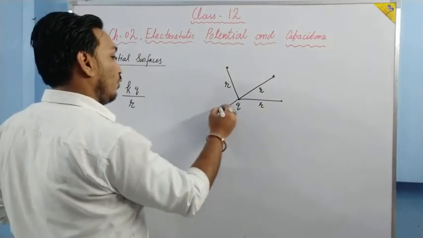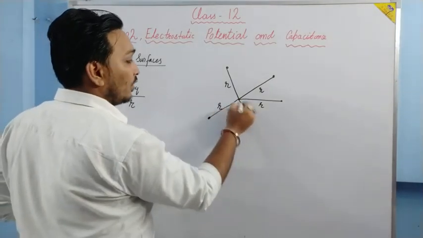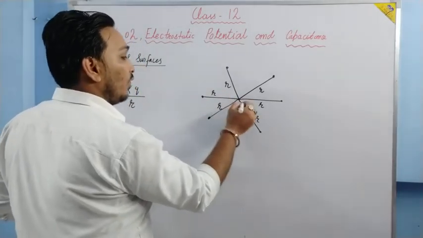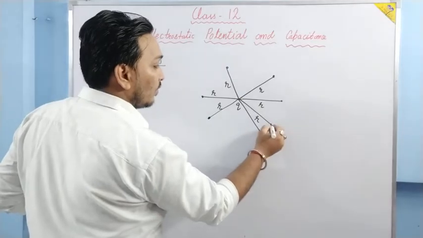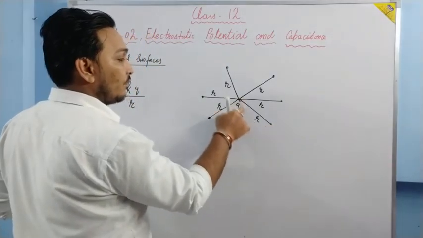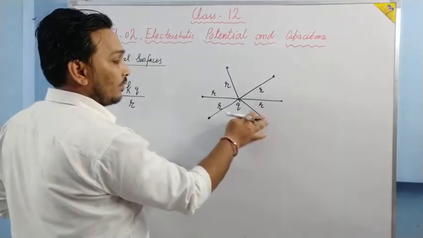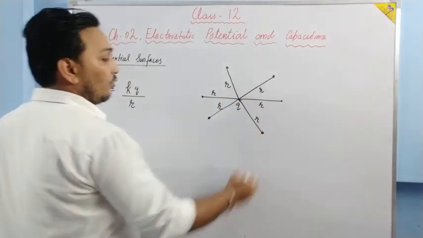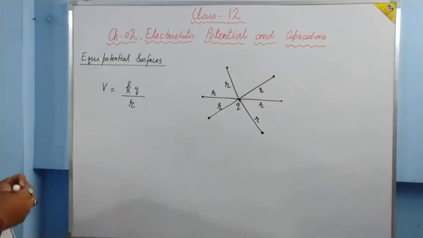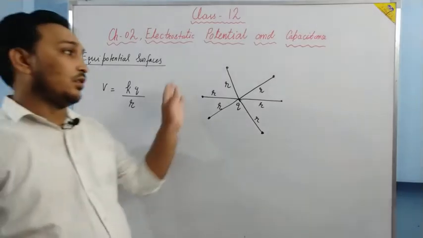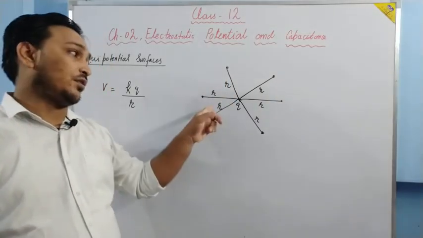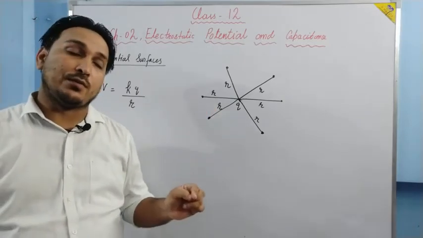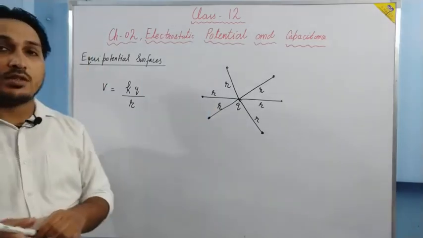Anywhere, if you are going at a distance r from the point charge, what is the value of electric potential there? The answer is, obviously it is the same. Okay. So now what I am trying to tell you is, if we draw a sphere of a radius r, then at each point on the surface of the sphere, the electric potential is this much only.